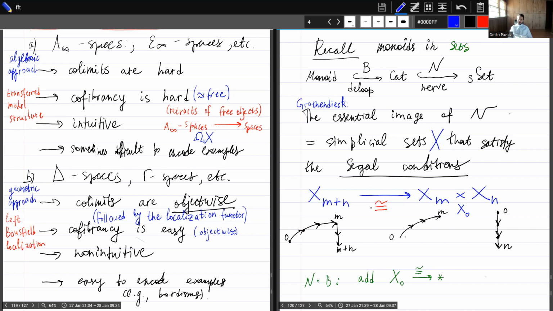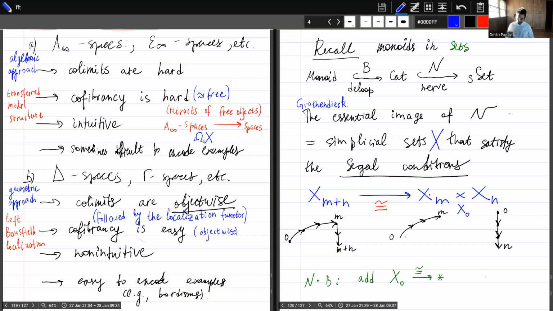The Segal conditions say the set of m plus n simplices admits a map to this fiber product here: a set of m simplices and n simplices over 0 simplices. And here, let me tell you how this map is defined.